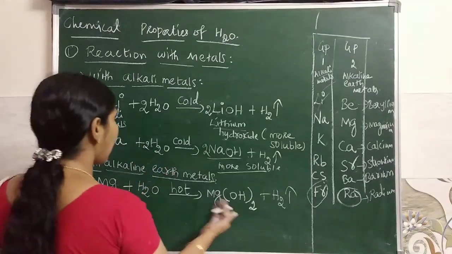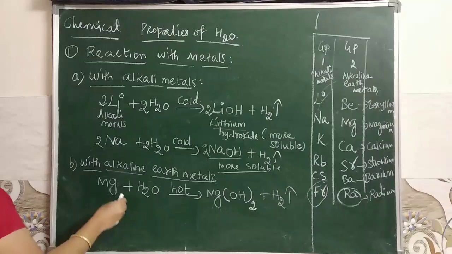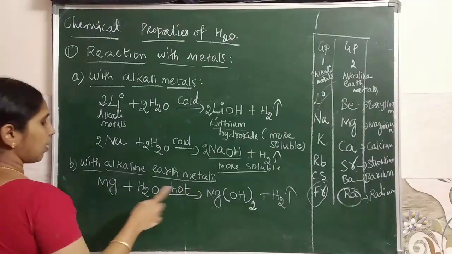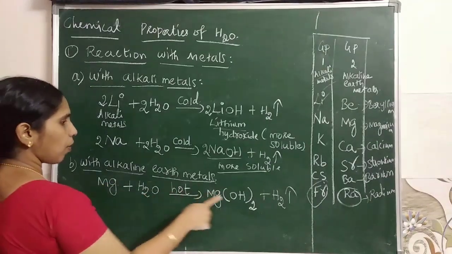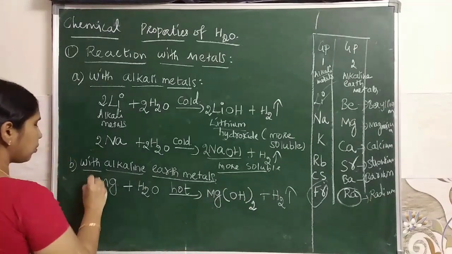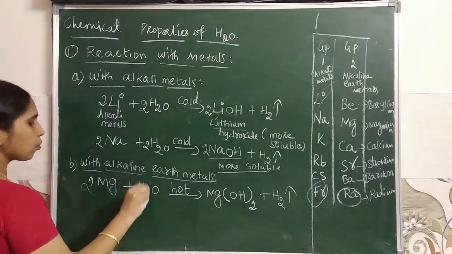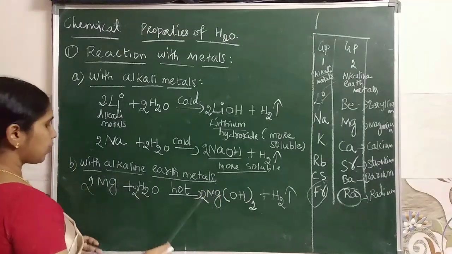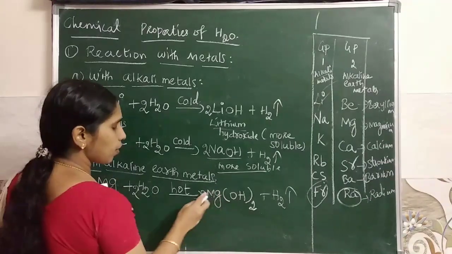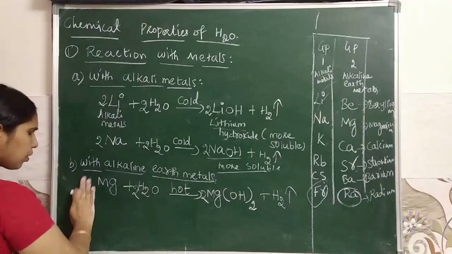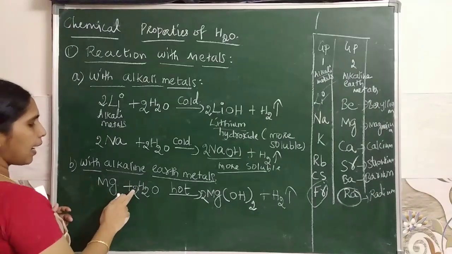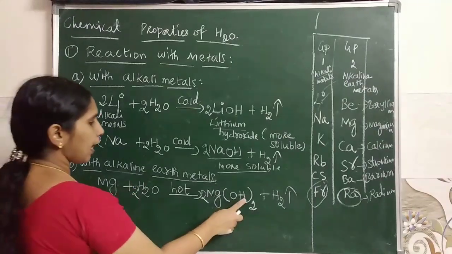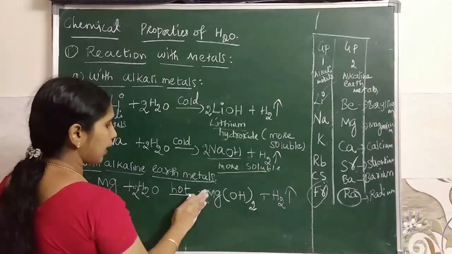Now we can balance the equation. Mg 1, oxygen here 1, here 2. So Mg plus 2 H2O. Here also 2, so Mg is 2, now hydrogen is 4 here. Here hydrogen 2, here also hydrogen 2.